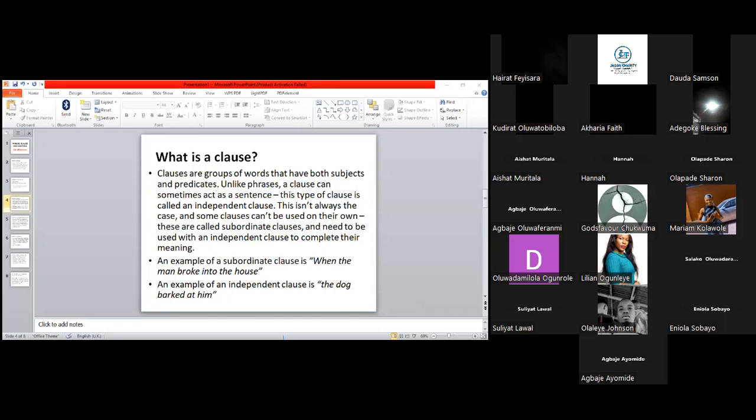Now, for you to know how subordinate or dependent clauses are formed, here is an example: "When the man broke into the house." If you open your mouth and say, when the man broke into the house, in a way there is a message passed in it.